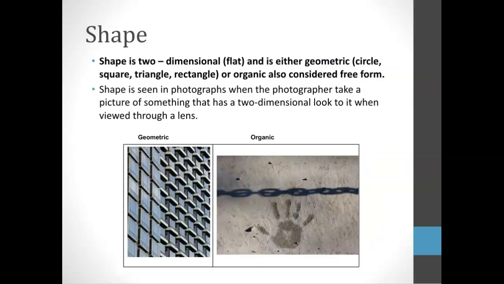Shape is two-dimensional. Now, generally when we're photographing something, it's going to have some kind of dimensionality to it because it exists. But you might think about shape showing up as things that are on the surface of an object that we're photographing, or sometimes the way that we're taking the picture. We can notice the shapes that are created, like circles, squares, triangles, things like that.